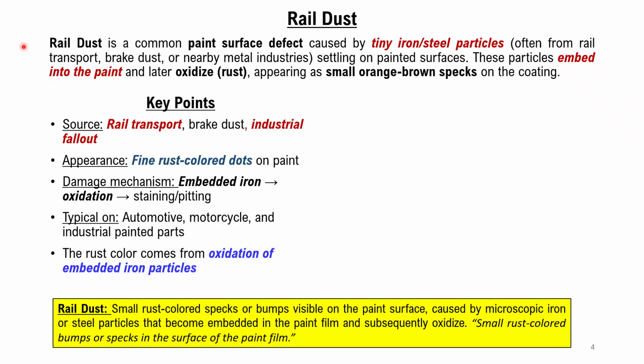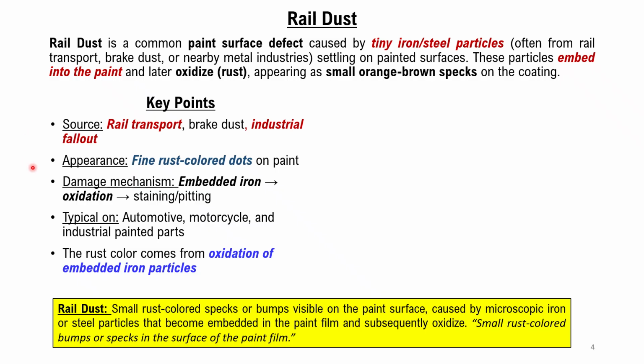These particles embed into the paint and later oxidize, resulting in rust appearing as small orange-brown specks on the coatings. The key points are: sources are rail transport, brake dust, industrial fallout.